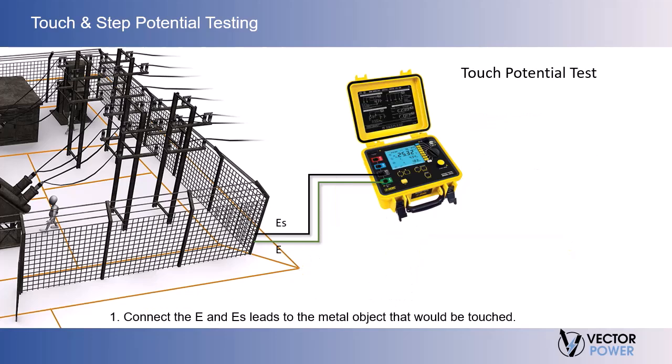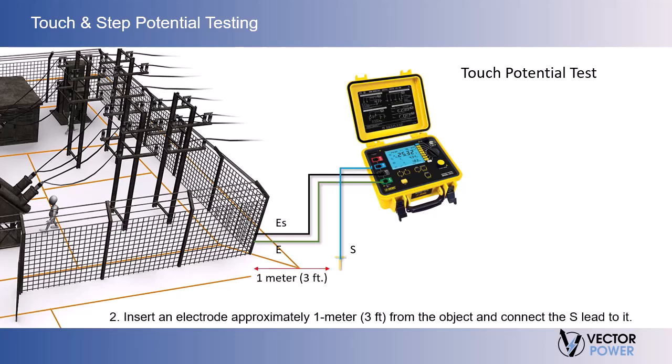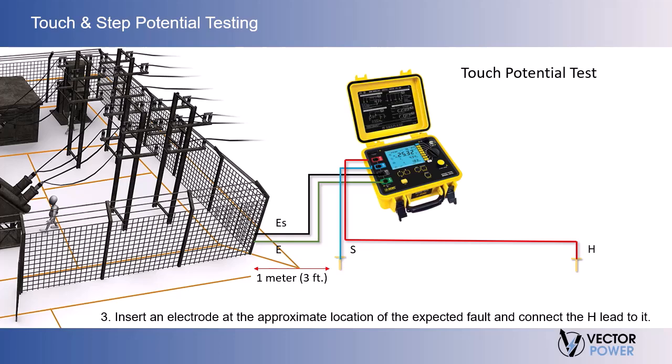Now let's look at performing the touch potential test. First, connect the E and ES leads to the metal object that would be touched. Insert an electrode approximately 1 meter, 3 feet, from the object and connect the S lead to it. Insert an electrode at the approximate location of the expected fault and connect the H lead to it.